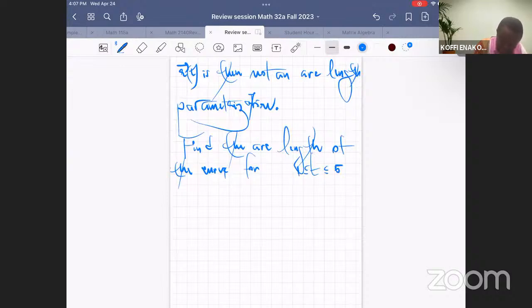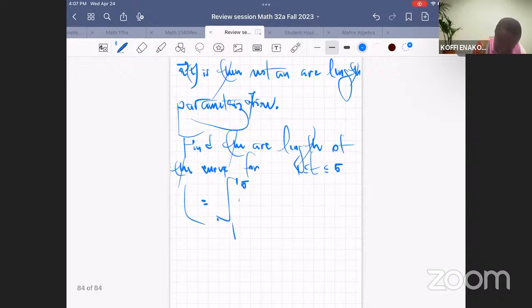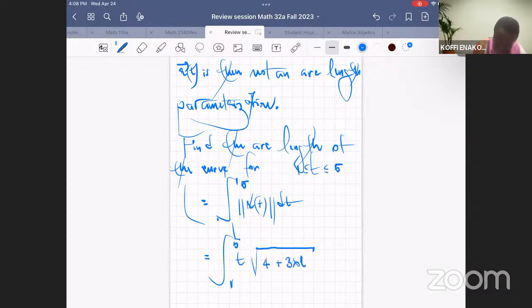So what we're saying is this length L is the integral from 1 to 5 of the norm of r prime of t dt. So that will be the integral from 1 to 5 of t times the root of 4 plus 36 t squared dt.